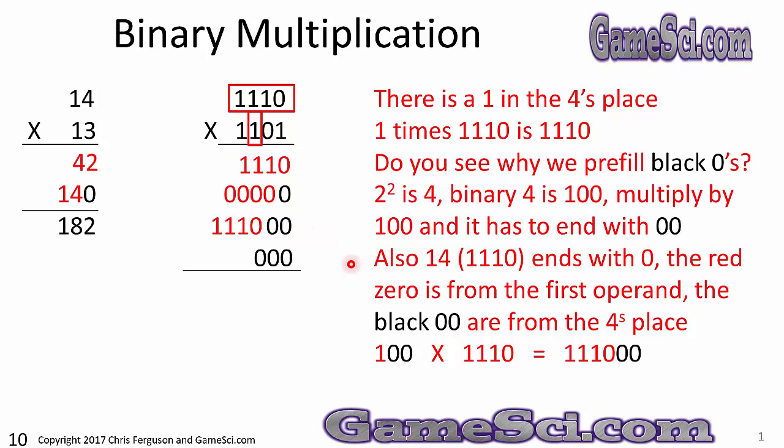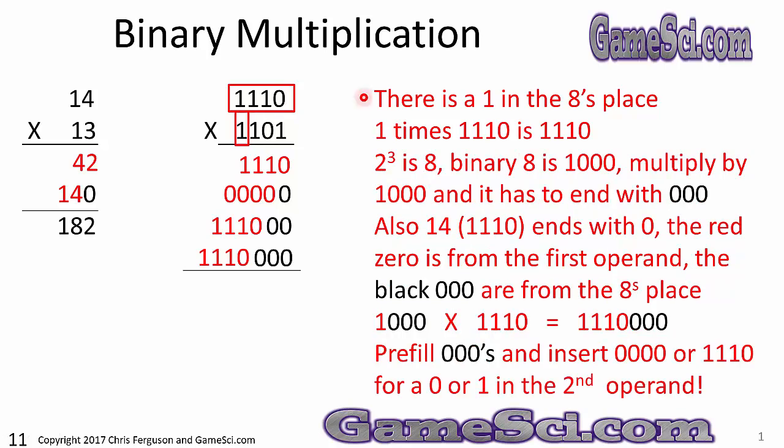Also, 14, 1110, ends in a 0. The red 0 right here is from the top operand, the first operand. The black 0s are because it's multiplied in the fours place. 100 times 1110 is 1110 with those two zeros because it's the fourth place.